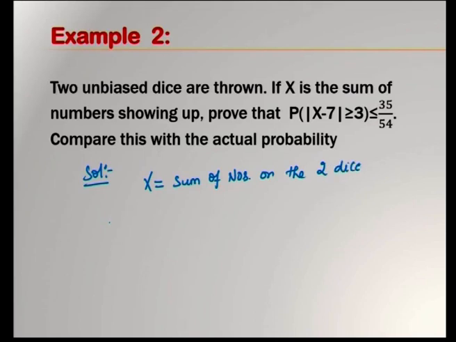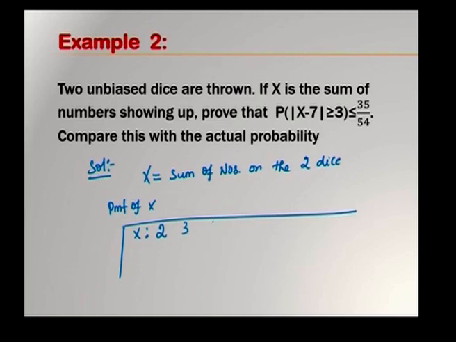Okay. So, the PMF of x is: since the sum of numbers on two dice means it takes 1 comma 1 as the first one, last is 6 comma 6. So, 1 comma 1 is 1 plus 1 is 2, starting from 2, 3, 4 etc. up to 12. P of x is starting from 1 by 36, 2 by 36 etc. up to 1 by 36, and we have found out x into p of x also.